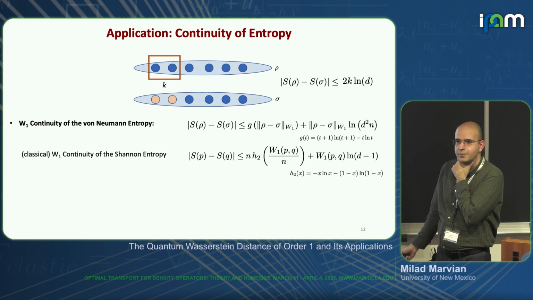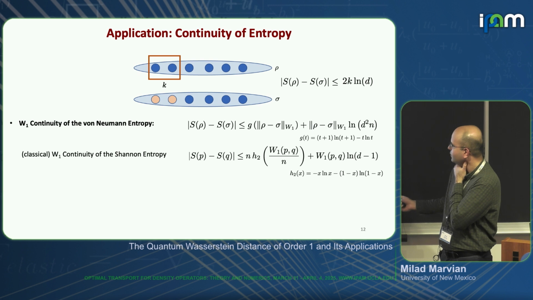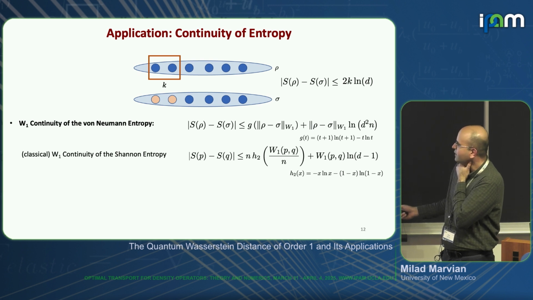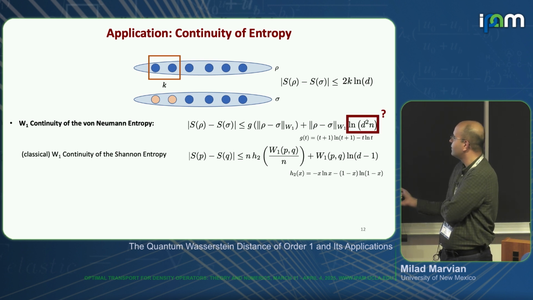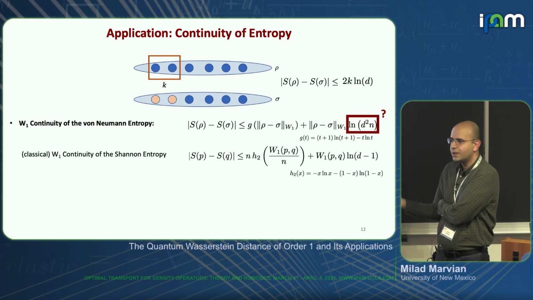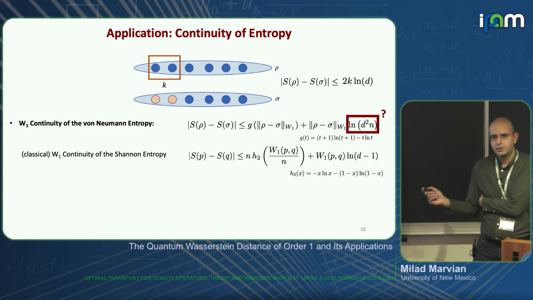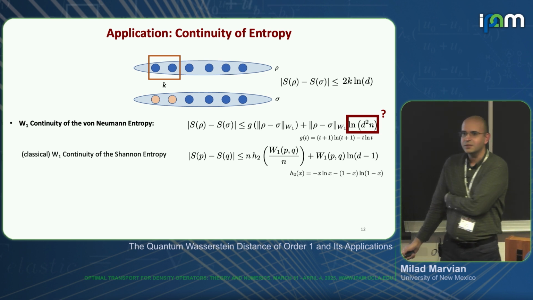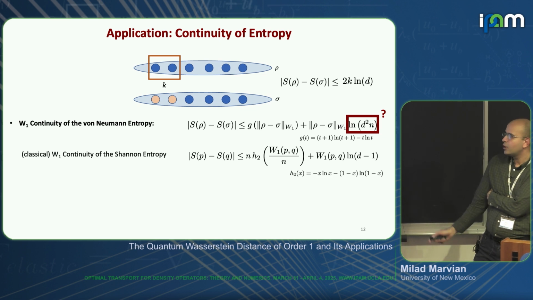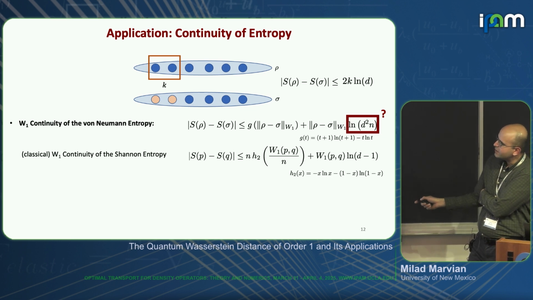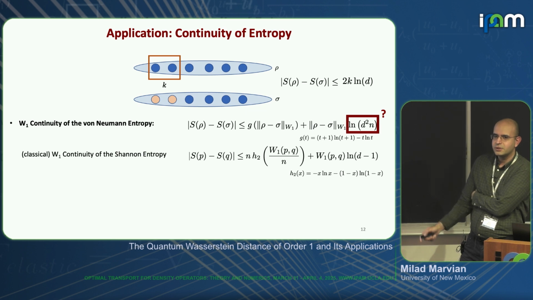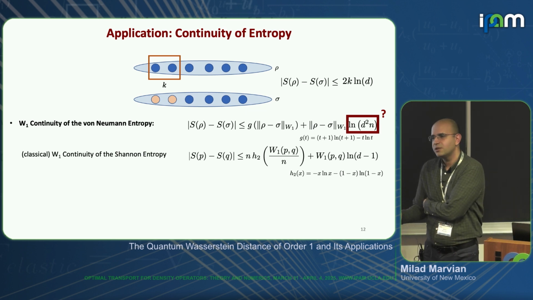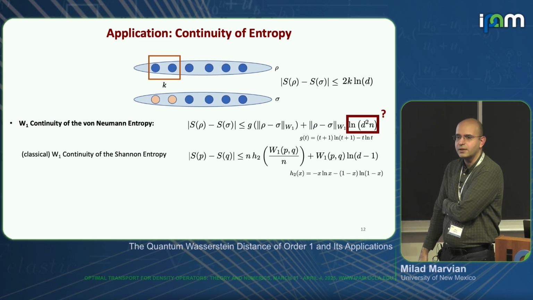Classically, you can also do the same thing, and that's actually how we started doing this. One thing to emphasize, and I'm posing this as an open problem, is that we have a log n in our continuity bound for entropy that we couldn't get rid of. We know that the classical version should be modified for the W distance, but whether you need a factor of n or a constant is not clear.